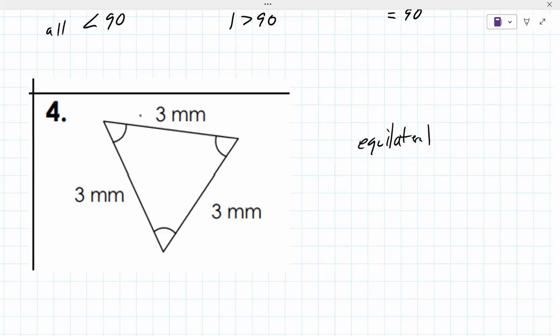Now it's assumed, and you don't have to actually do anything here, that equilateral is acute, so you don't have to add that in. All right. Number five.